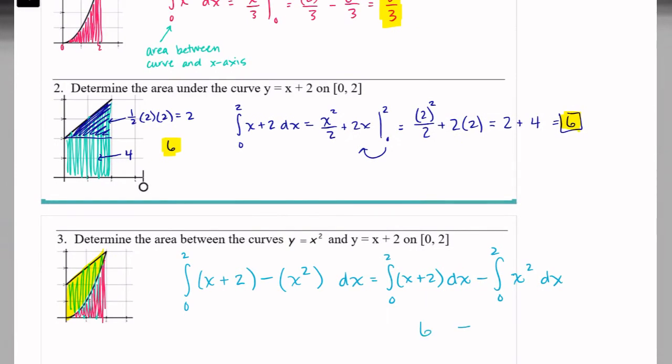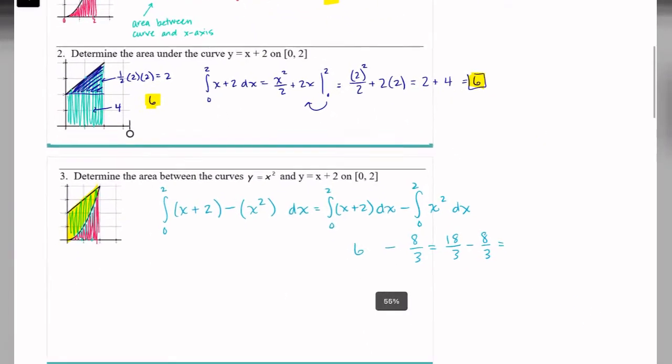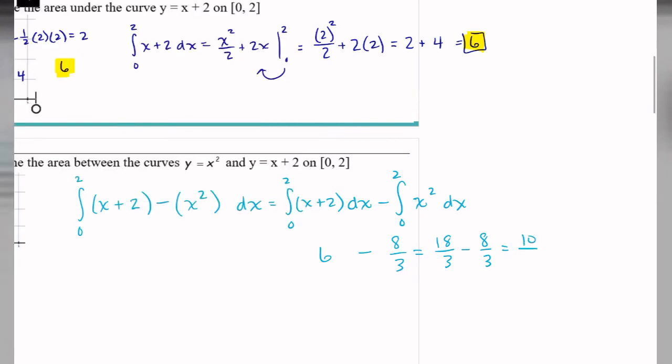This integral is going to be 6. That integral is going to be 8/3. Okay, so if I need to subtract those, I want to give them a common denominator. So 6 is really going to be 18/3, minus 8/3 is going to give me 10/3.